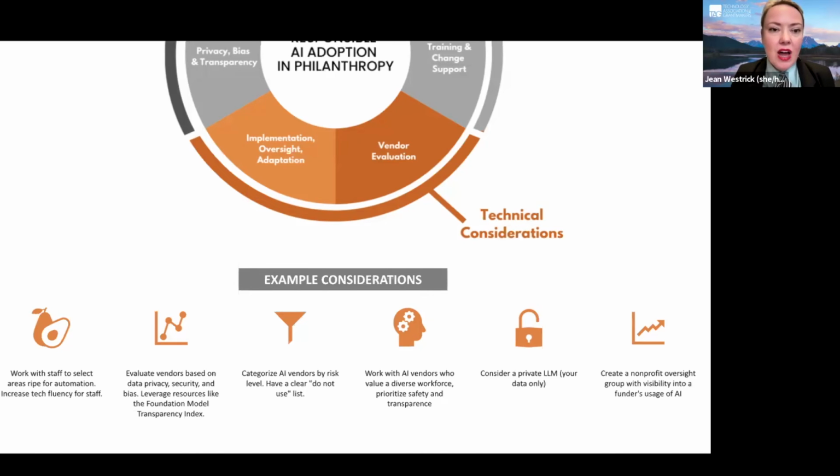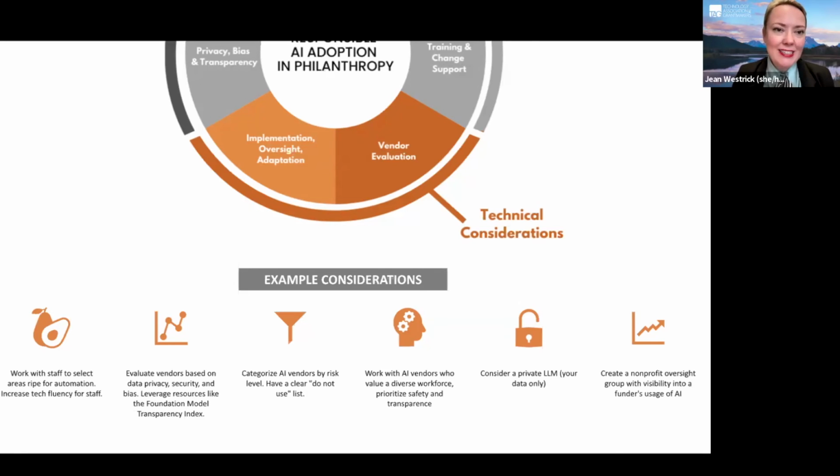With regards to other technical considerations, you're going to want to work with a diverse group of folks who can help identify low-hanging fruit where you can adopt AI. Think about the things that are ready for automation, that are really transactional.